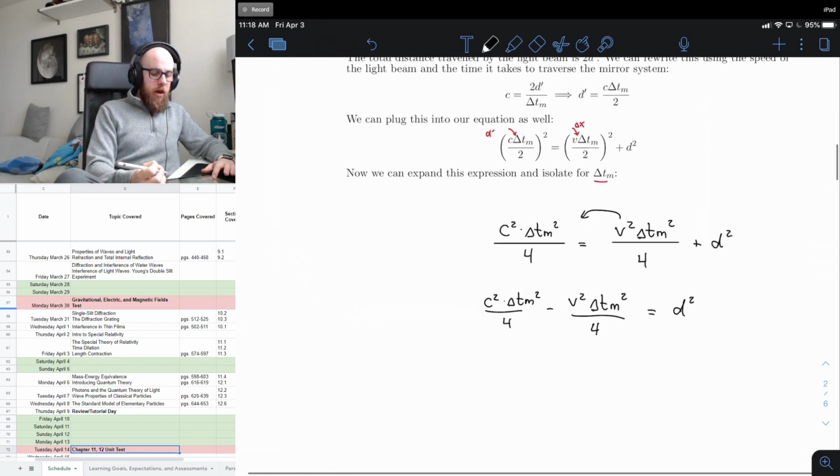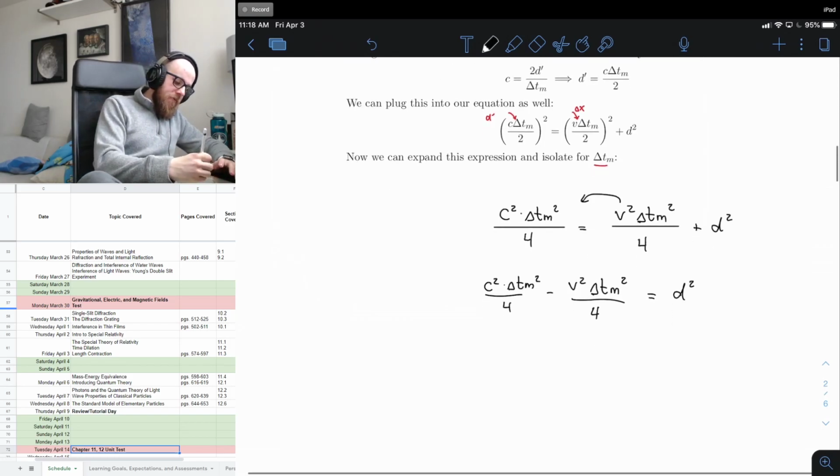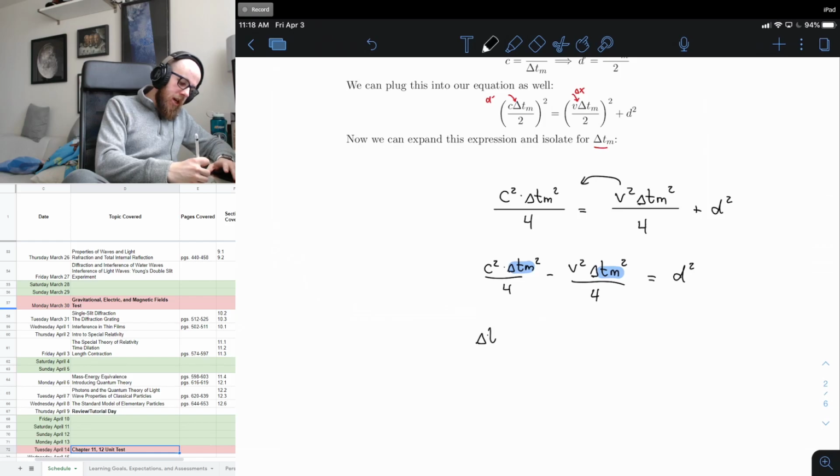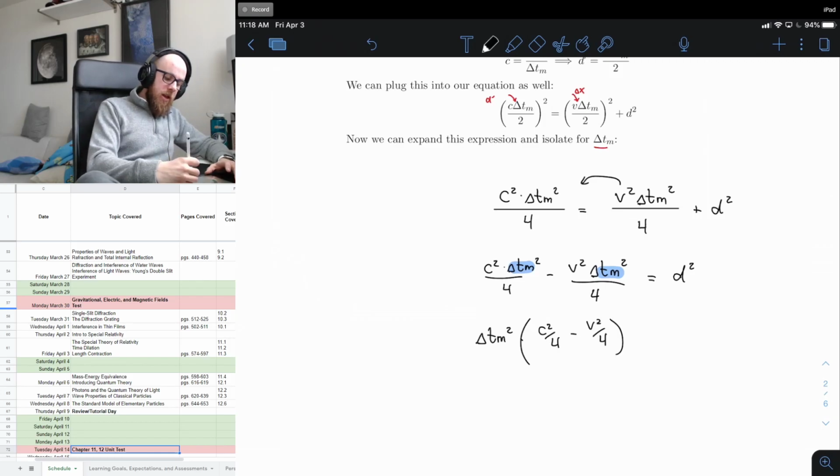Now I keep going. I can factor, right? I have a delta tm squared in both of these terms, so delta tm squared times c squared over 4 minus v squared over 4. I'm getting closer. That's equal to d squared.